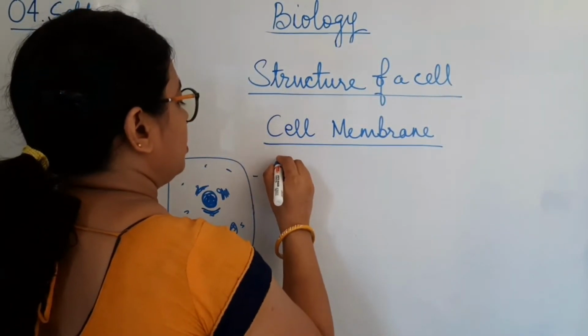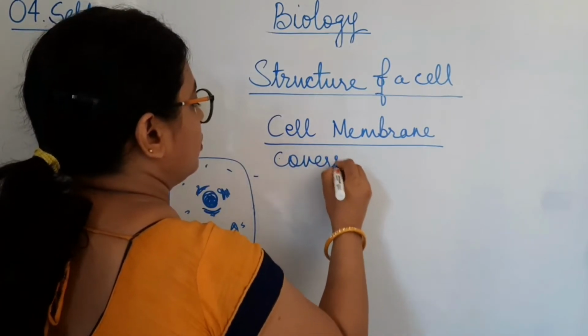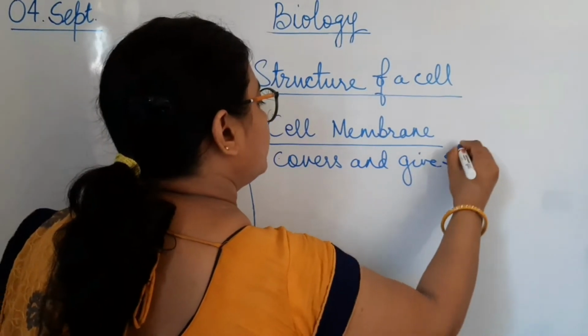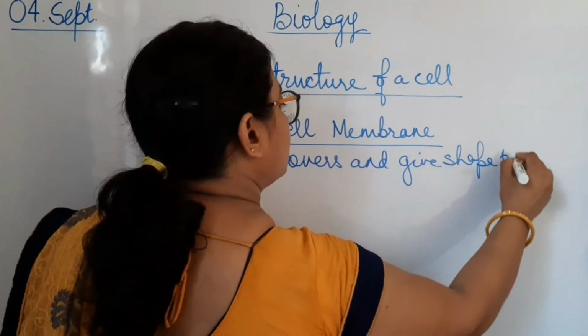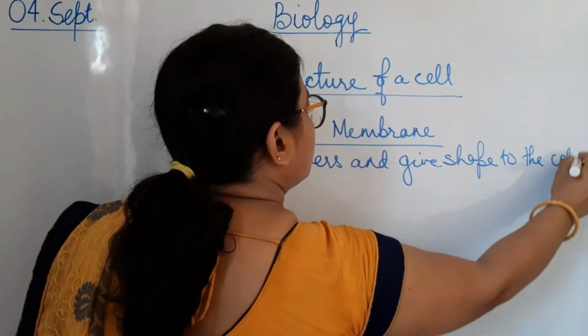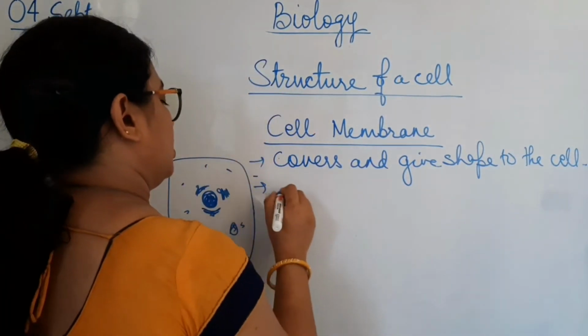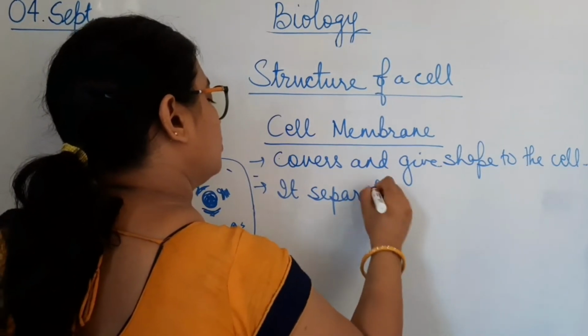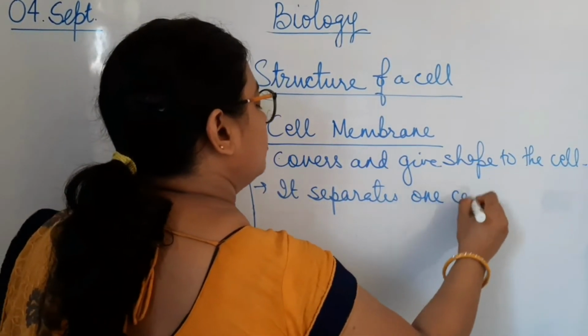Cell membrane covers and gives shape to the cell. It separates one cell from another.